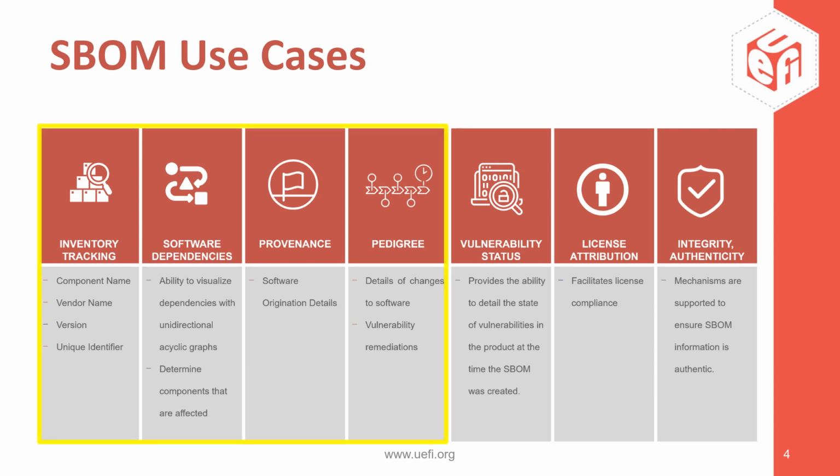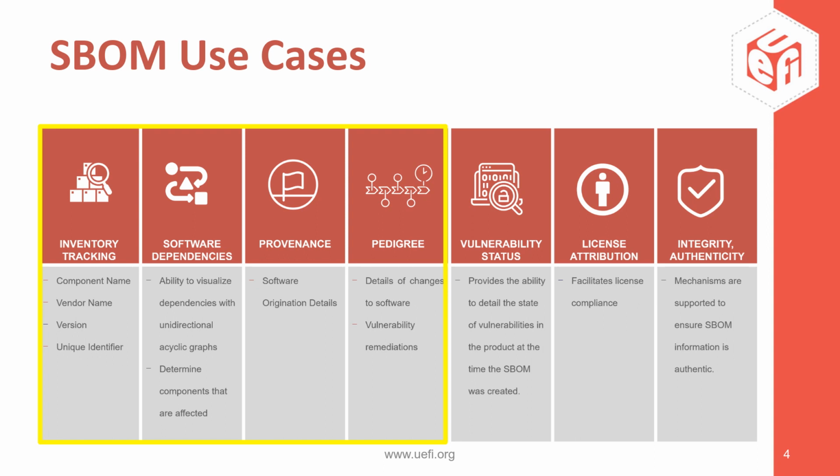Okay, so we're going to scope this SBOM implementation to these first 4 SBOM use cases, which I think are most crucial. That's inventory tracking, software dependencies, provenance, and pedigree.